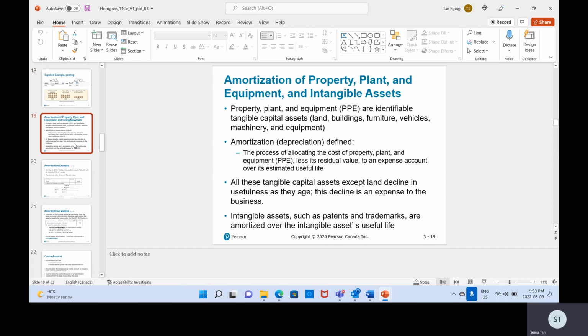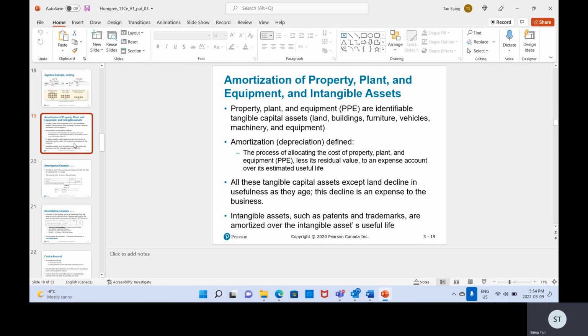Now, the amortization of property, plant, equipment, and intangible assets. Amortization is the allocation of the cost of capital assets, except land, we just talked about that land example, right, to expenses over its useful life.